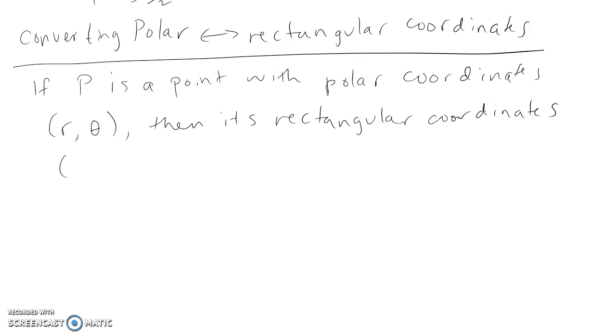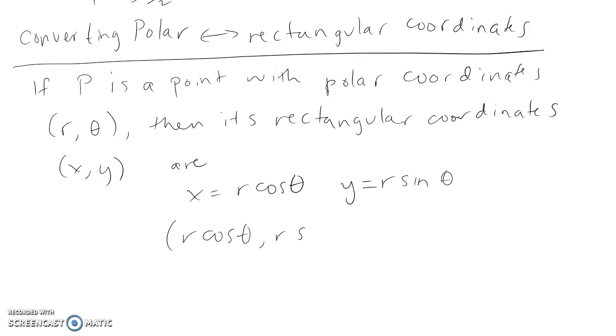So it's rectangular coordinates x, y are x equals r cosine theta and y equals r sine theta, right? Or if you think about them in terms of a point, they would be r cosine theta, comma, r sine theta, right?